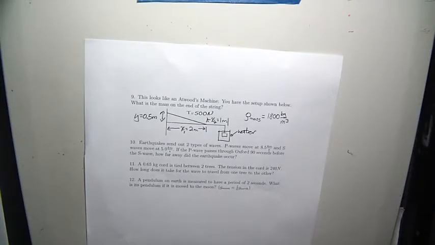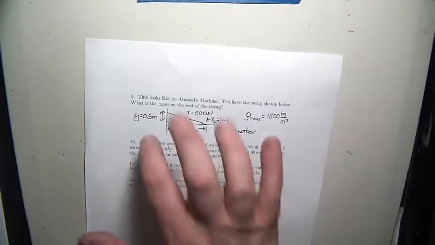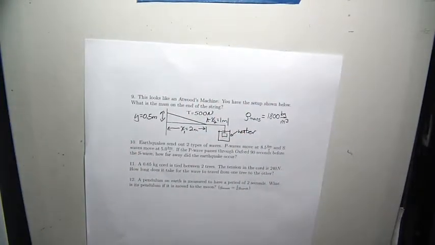So rather than reinvent the wheel, just look at today's 1 o'clock lecture and you can see how we did this. It's kind of a hybrid problem. It uses buoyancy and torque. So it's a little bit different.